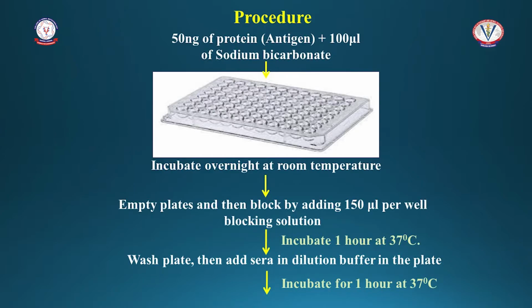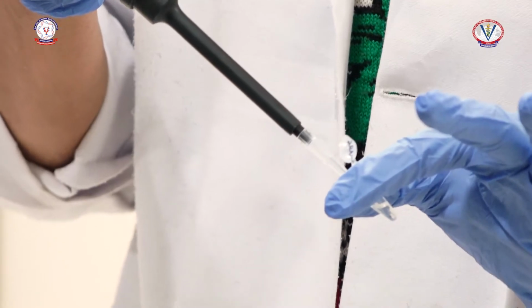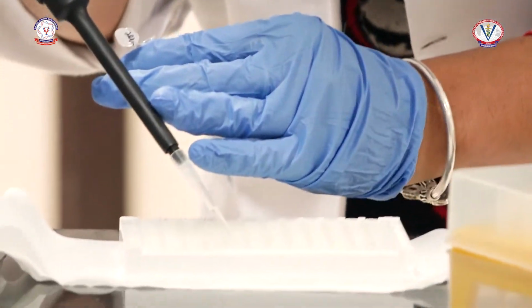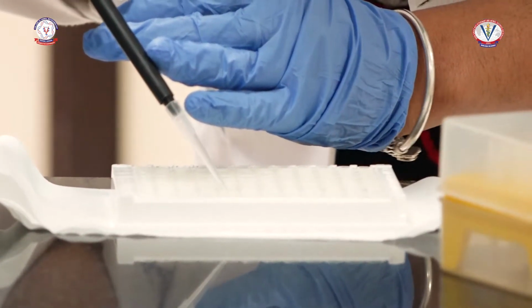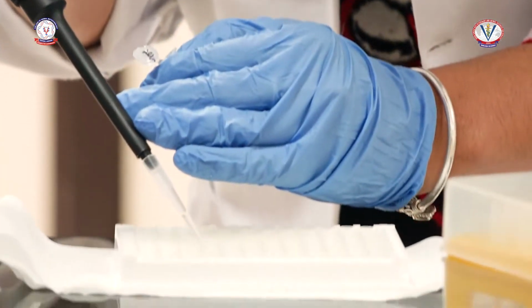Coming to the procedure of ELISA, to begin with, 50 nanogram of protein which acts as an antigen is added in wells along with 100 microliter of sodium bicarbonate.